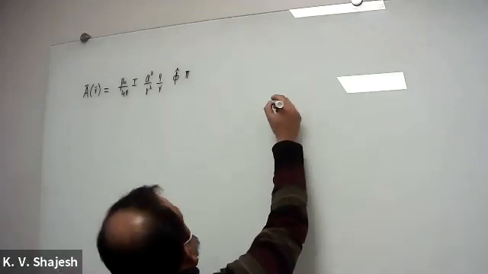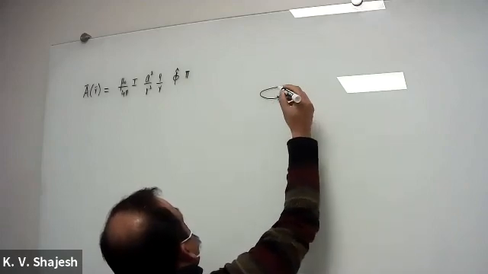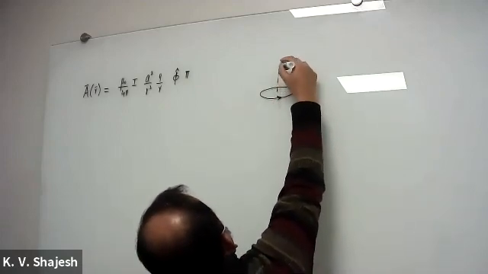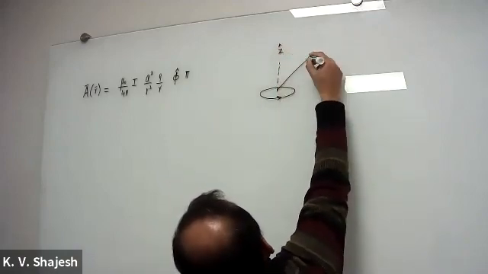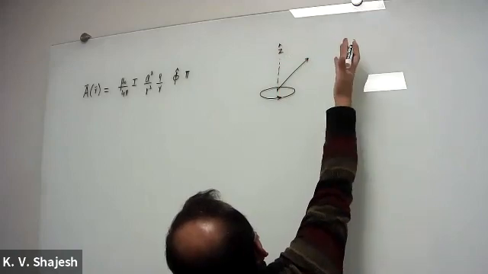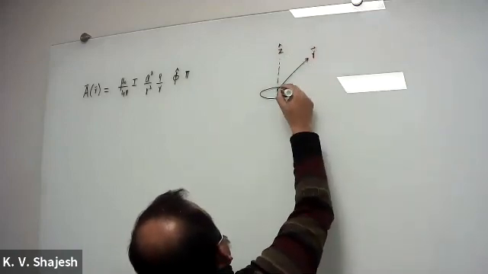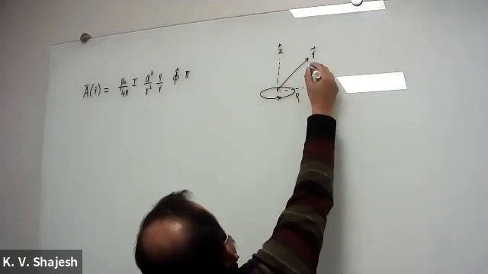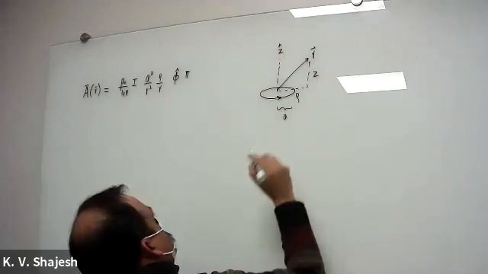Okay, that's what we have. And remember our geometry here. That's your loop. That's your z hat direction if you want. That's your vector R. And if you want, this is rho. That's your z, and that's your a.